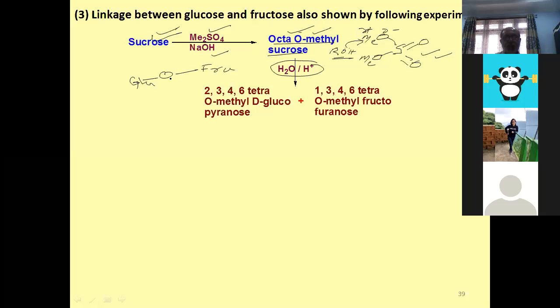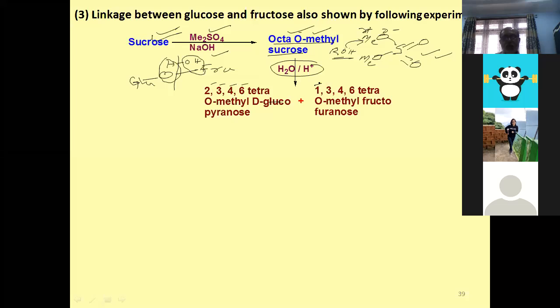So hydrolysis happens at that connecting point, with H and OH. You get one OH group free here and another OH group on the fructose free. So what we get here is 2, 3, 4, 6 tetra-O-methyl glucopyranose.